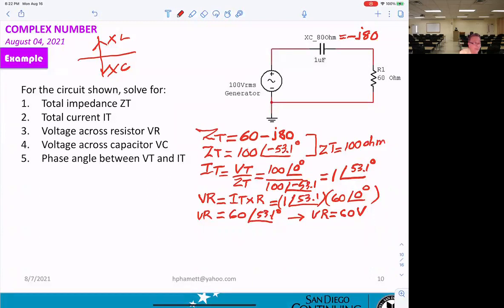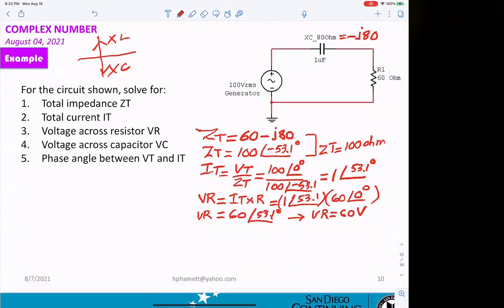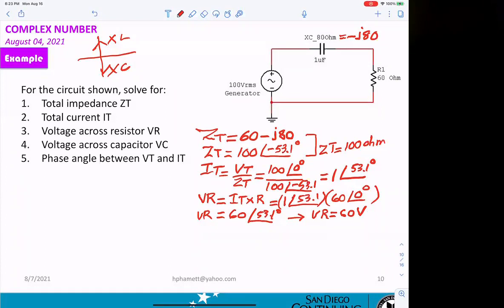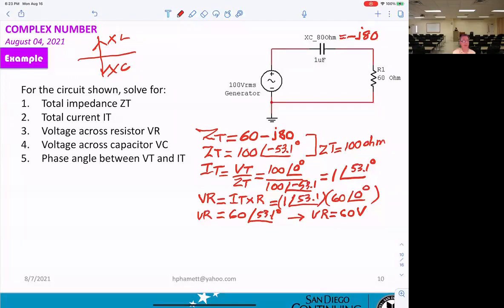Okay, now a question on that. So you said 1 times 60 is 60, and then for the angle, what did you do? Did you subtract, for example, 53.0 from 53.1? Is that how you did it? IT times R, yeah. IT is 100 divided by 100, to get what?